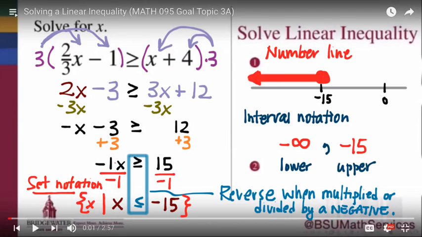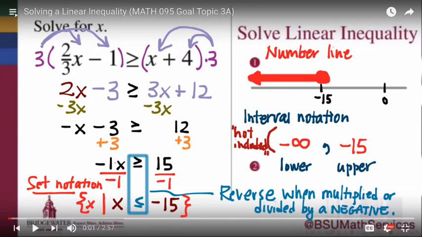And then we'll add one extra piece of notation into this that tells us whether or not we include -15 and whether or not we include -infinity in our answer. Well, -infinity is not a number. And so it is never included in any of our sets that are solutions of inequalities. And so to note that, we're going to put a little round bracket that means not included. I guess you'd call it a parenthesis.